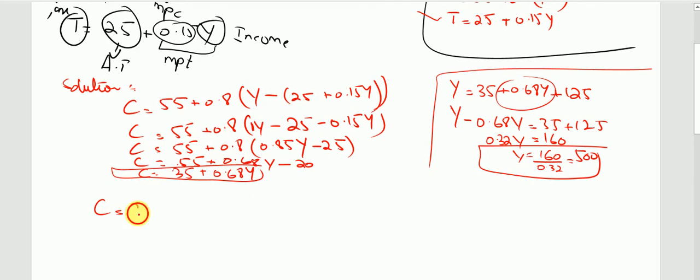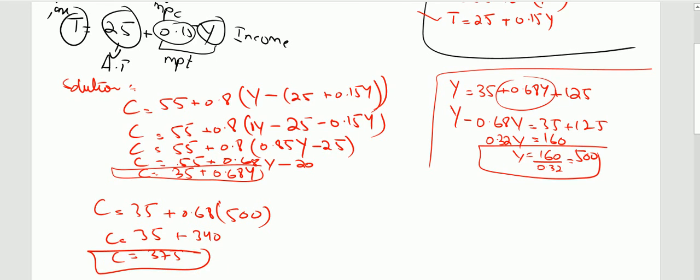So we plug in this y value, which is 500. We have to multiply 0.68 with 500, so it becomes 340. And when we club 35 and 340, it will become 375. So our consumption value is 375.